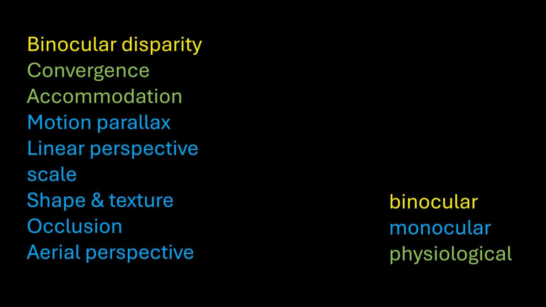The third group of cues is monocular. It's cues that do not demand two different images or muscle movements. It's actual visual cues that we can perceive with only one eye open. Those are motion parallax.